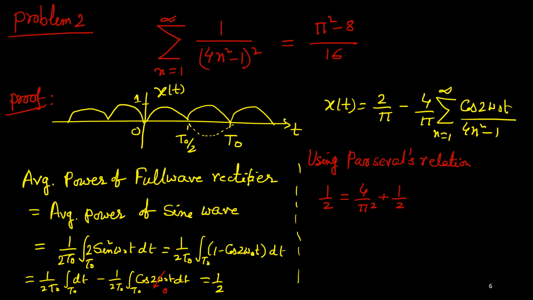Okay, so summation of, this is 4, it is given squared, so I will take first 16 upon pi square, and then the summation, it is 1 upon (4n square minus 1) whole squared, n equal to 1 to infinity.